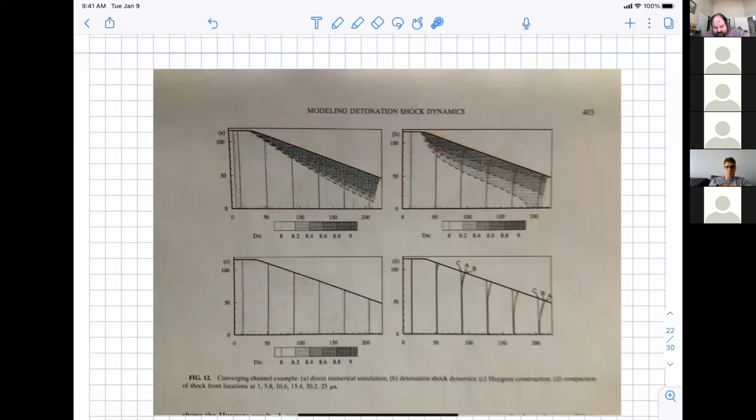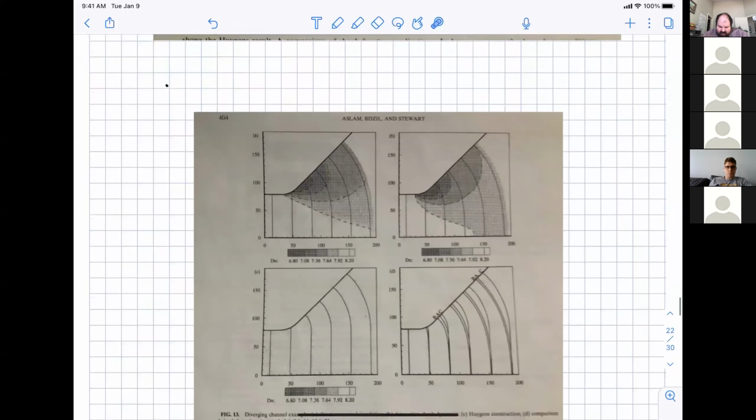And so you can see that the error of using Huygens' method is pretty high, and using DSD theory is actually pretty good. In this case, DSD theory and the DNS are very close, which means that the curvature of the detonation is low enough that we are in the asymptotic limit, where DSD theory is designed to live.